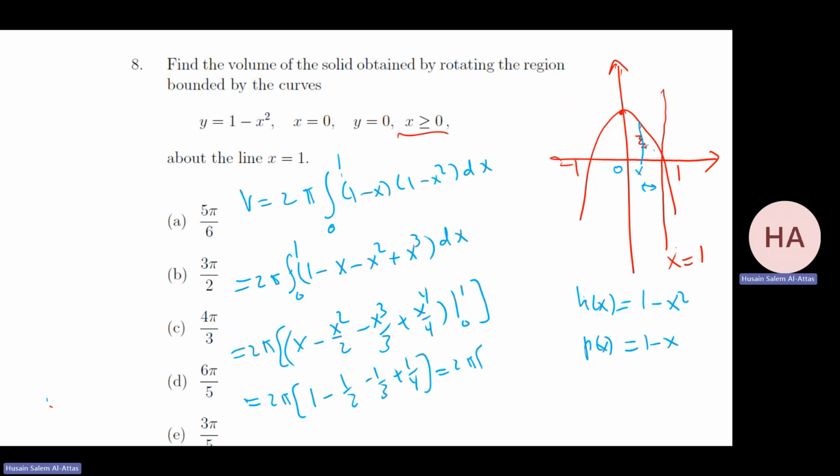I can make it over 12: 12 minus 6 minus 4 plus 3, that gives me 5 over 12. 2 pi times 5 over 12, which is 5 pi over 6.